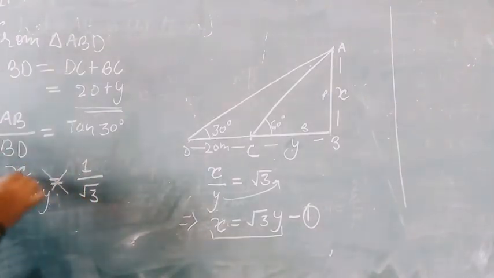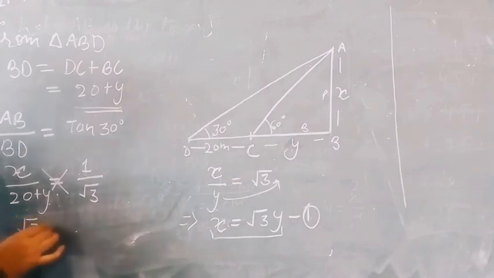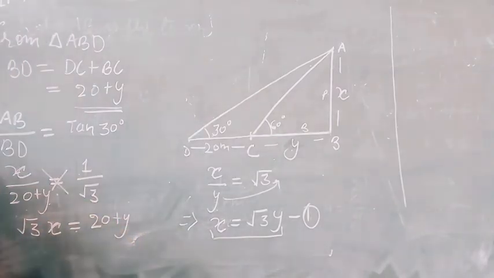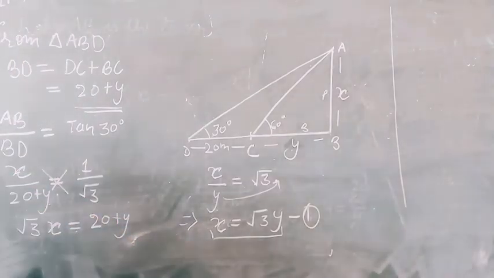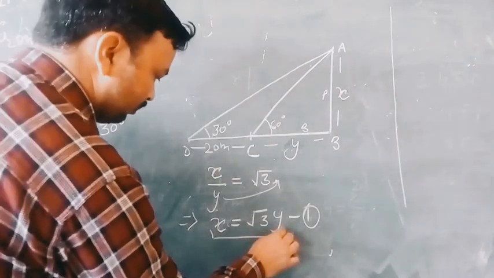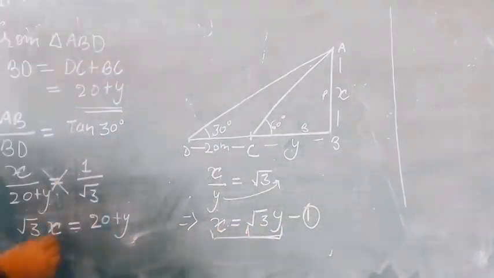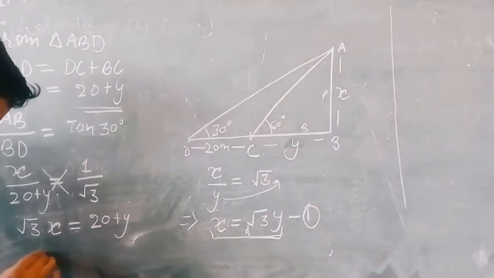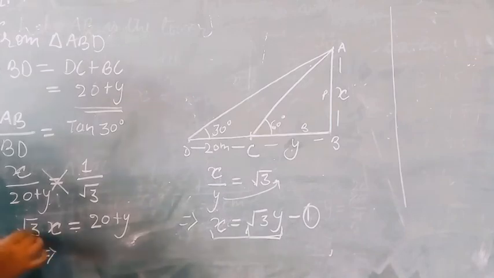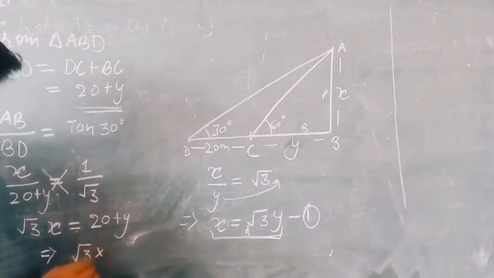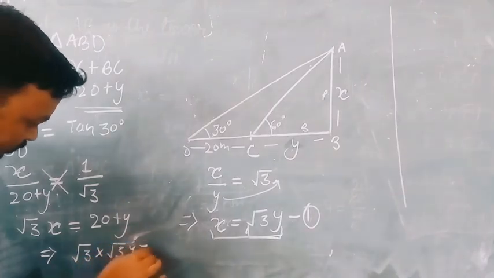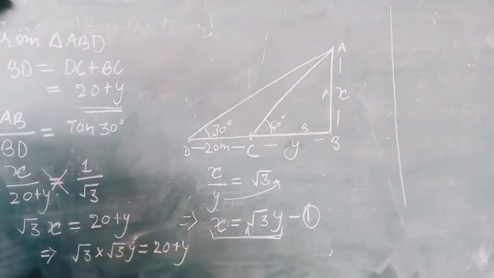Cross multiply, square root 3x will be equals to 20 plus y. Now replace the value of x from equation 1. So we got square root 3 multiplied by x, which is square root 3y. So square root 3y equals to 20 plus y.